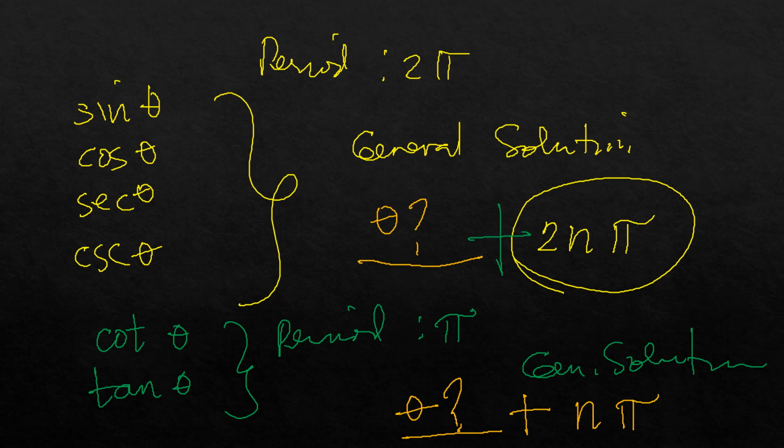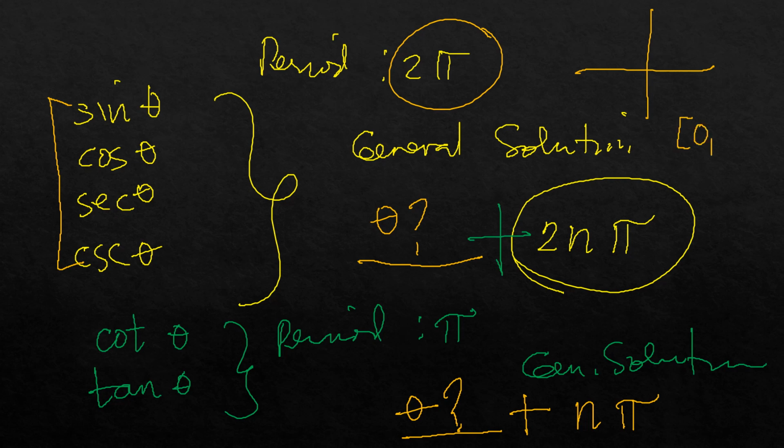In the general solution for the first four functions, the period is 2 pi, so you're looking for two solutions under the interval 0 to 2 pi. Therefore, you're expecting two general solutions.